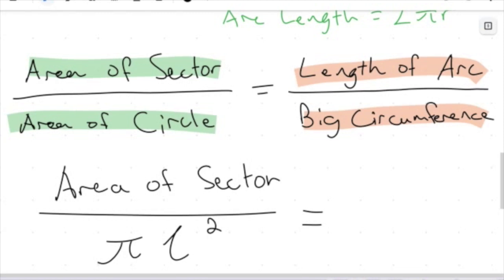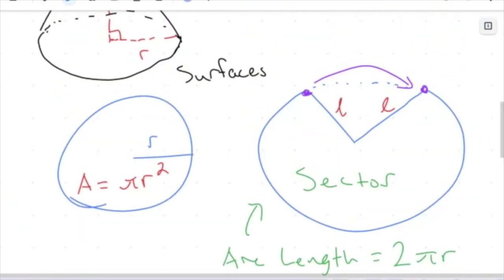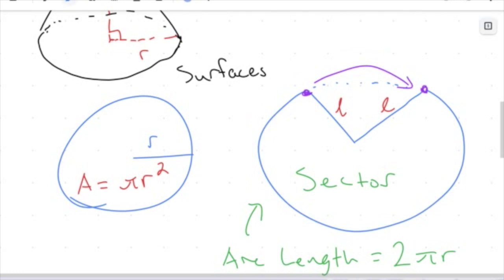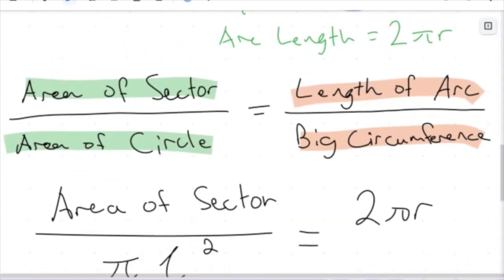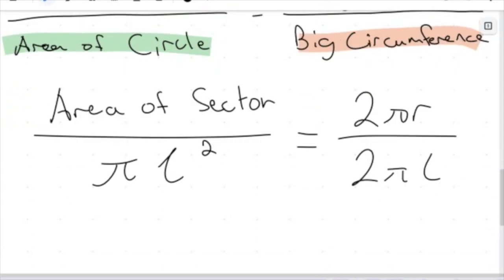Now, the length of my arc, therefore, is going to be 2 pi r. And my big circumference, that's going to be my entire thing here. So 2 pi times the radius of this bigger circle. Now this radius is actually L here. So the circumference of my bigger circle is going to be 2 pi L.